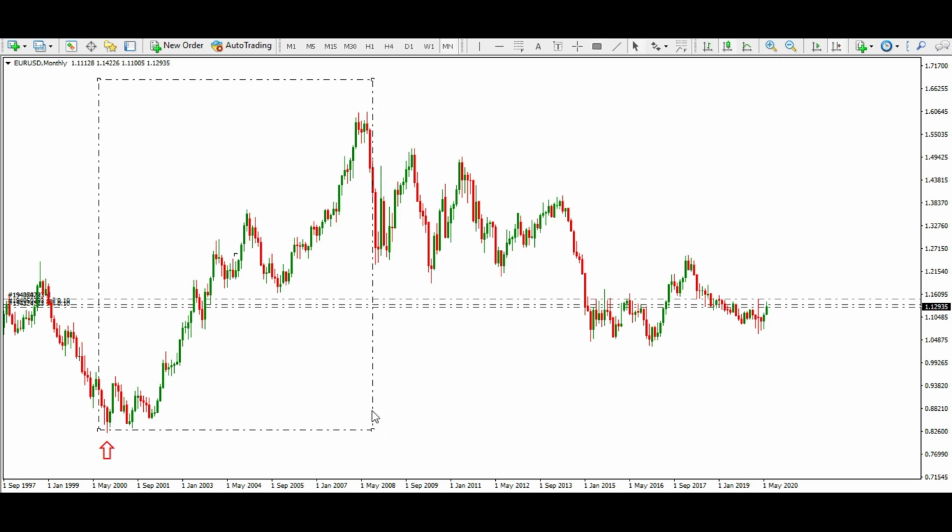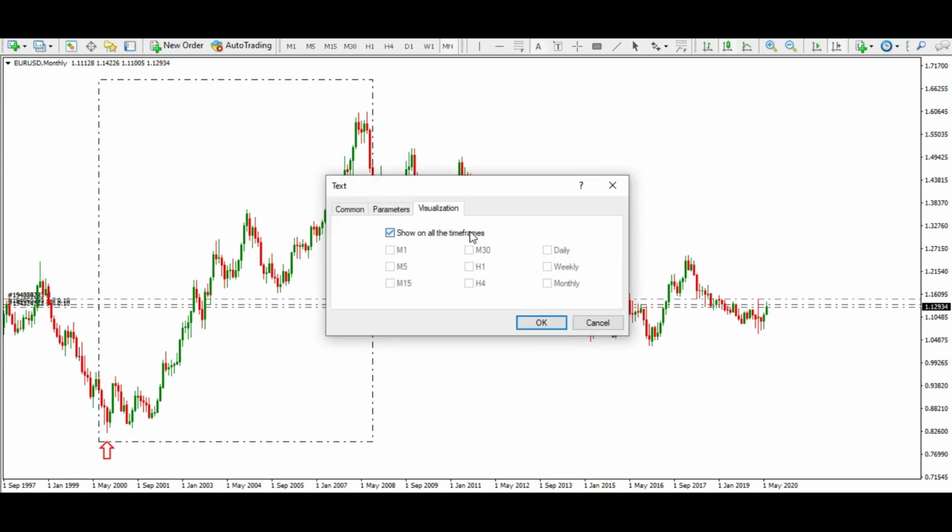As you can see, starting from this significant bottom where the red arrow is, price rallied in a very nice 5-wave progression which I will label now.